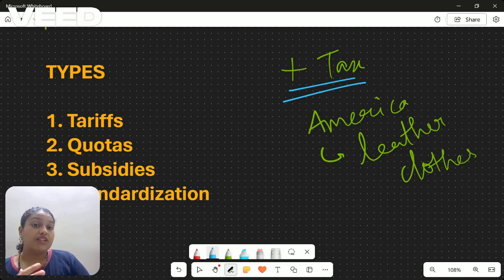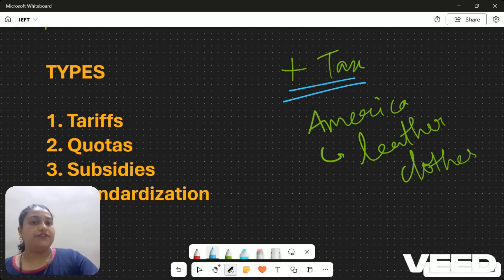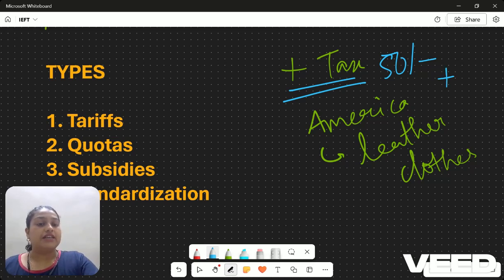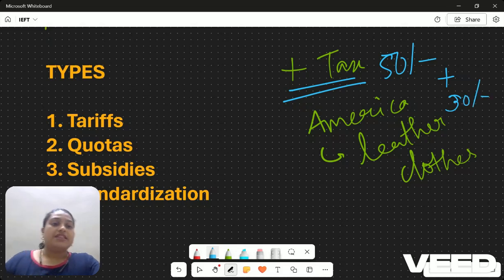So at that time, what will happen? See, this is just an example: if the cloth is 50 rupees, since it is made in some other country, since it is a foreign product, it already has a little more value. But then along with the tax, I'm telling you, you have to pay 30 rupees extra. Then the total cost will increase to 80 rupees for that particular cloth.